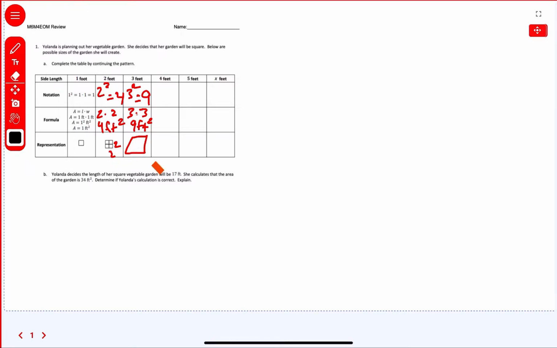That's not going to work either. 1, 2, 3, 4. There's 9 squares. Okay? And so on. So 4 squared gives us 16. Because 4 times 4 is 16 feet squared.